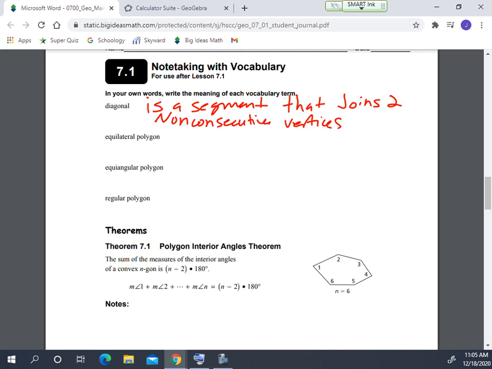For example, I drew a figure over here. No, that's terrible. Bad drawing. A diagonal would attach two vertices. There's a diagonal there. Here's another one in blue. Just any two non-adjacent or non-consecutive vertices.